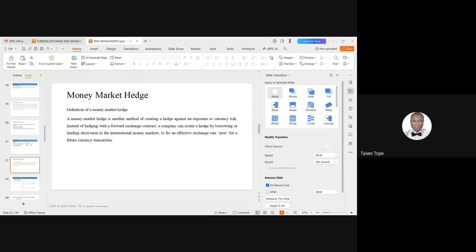By the time you borrow in US dollars, that money you borrow, you convert to Naira. When you convert to Naira, what do you do? You deposit that money in a Nigerian bank today.